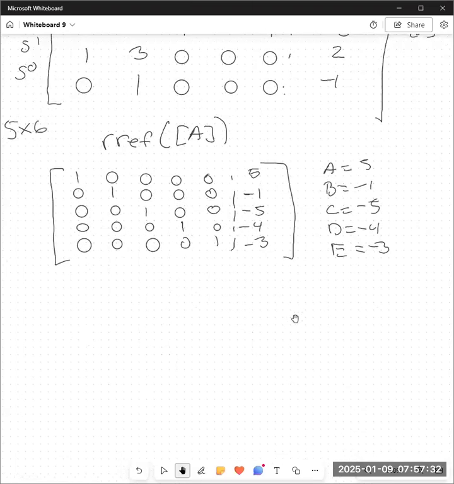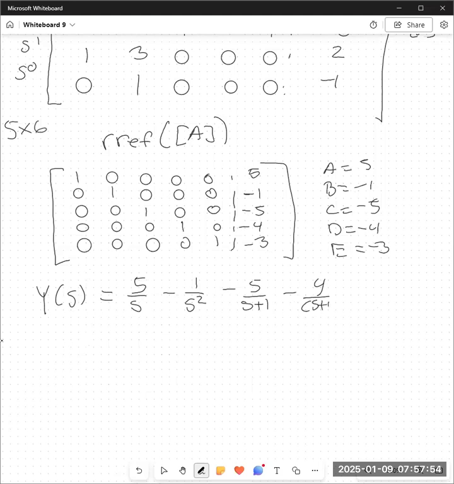Then I have enough information to write Y, capital Y of S is equal to 5 over S minus 1 over S squared minus 5 over S plus 1 minus 4 over S plus 1 squared minus 3 over S plus 1 cubed.